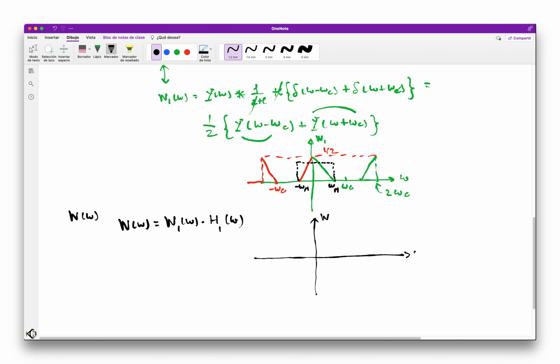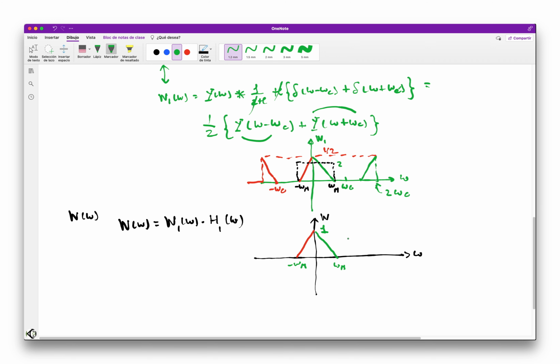W as a function of omega will just be the triangle that I had before. I put this in red, I put this in green. This will be omega_m, and the same to the left, and this half, as this is multiplied by 2, will be 1.